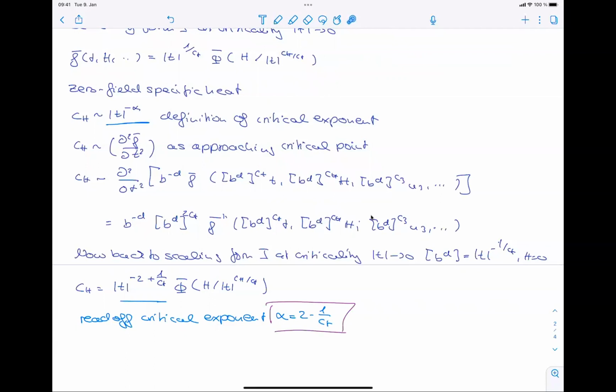And so this is as advertised. We find the critical exponent as a function of the scaling of the relevant variables, c_t. And we'll basically continue doing this for the plethora of critical exponents, so that you see how we can derive all of them.